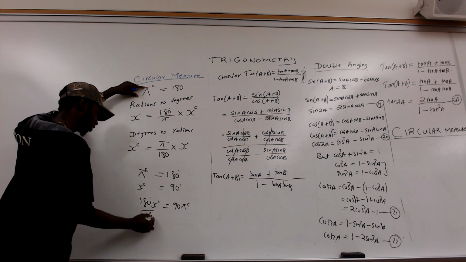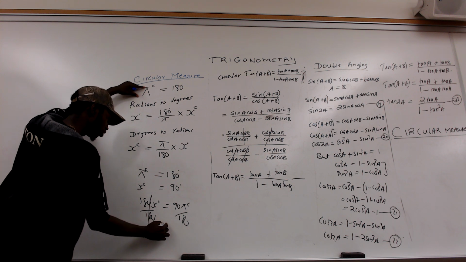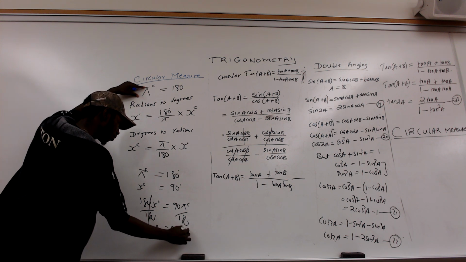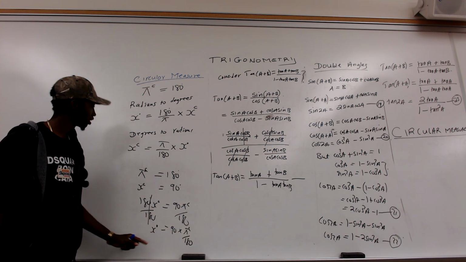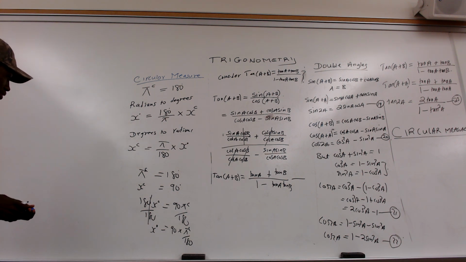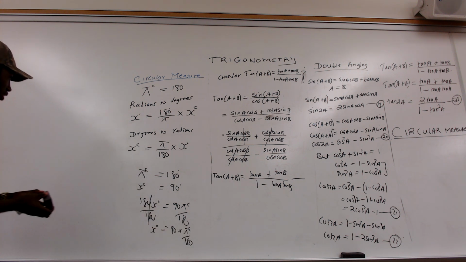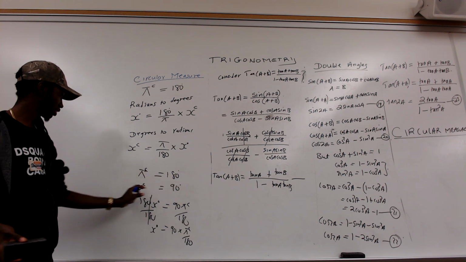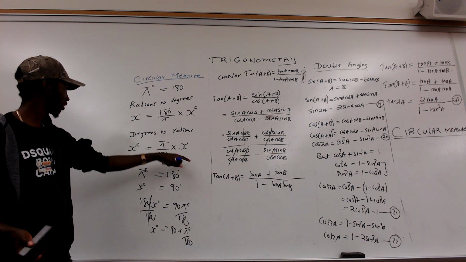We divide both sides by 180, and this will cancel. Therefore, x is going to be 90 times pi radian all over 180. So in radians, it's going to be pi radian over 180 times this. This is how we have this value.